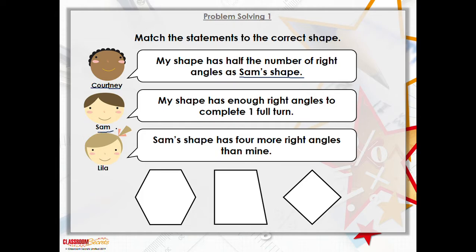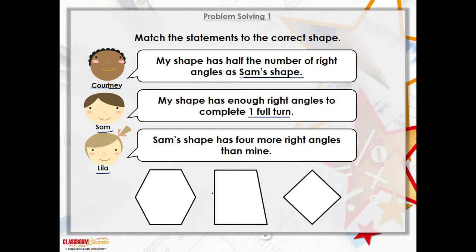Sam says, my shape has enough right angles to complete one full turn. So what that means is it's got enough right angles to complete one full turn and come back on itself. Lila says, Sam's shape has 4 more right angles than mine.